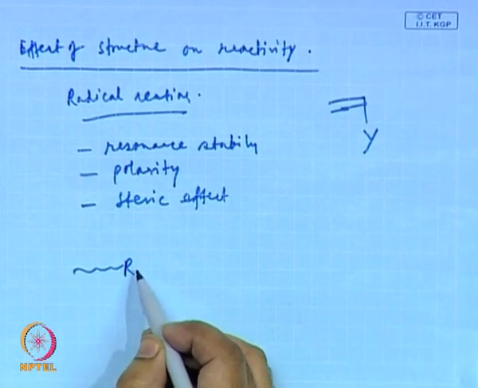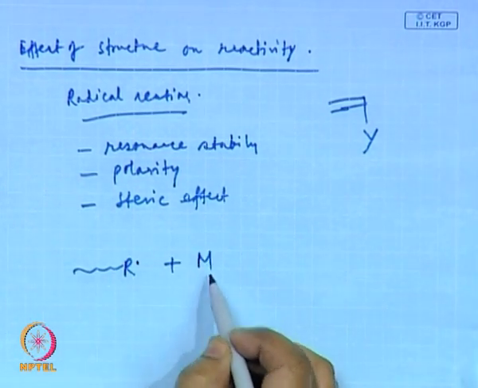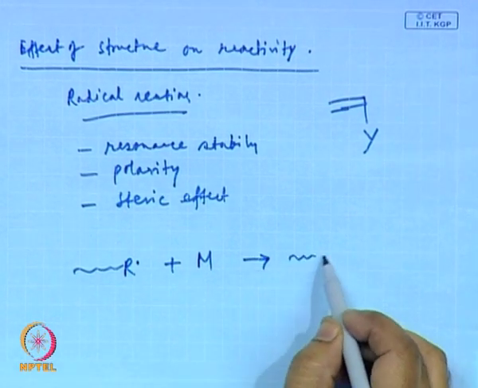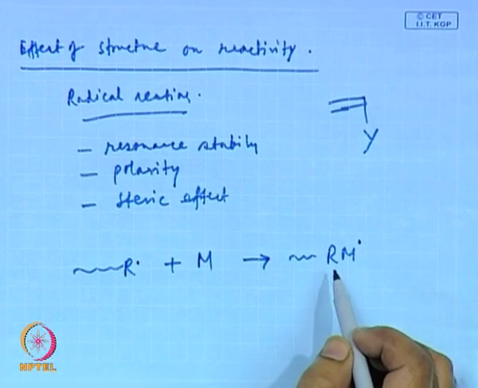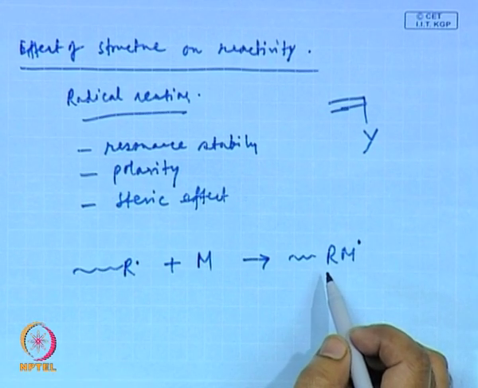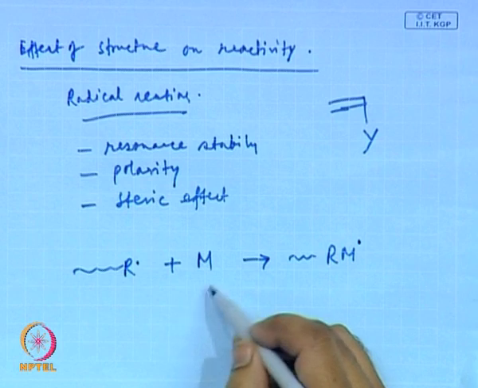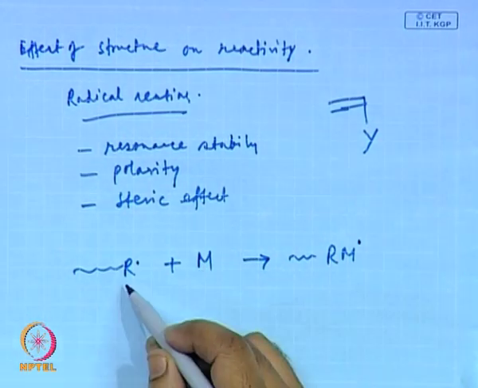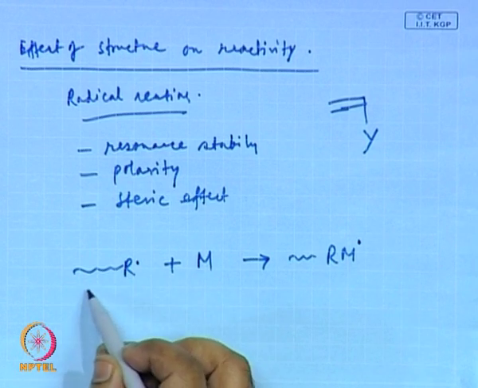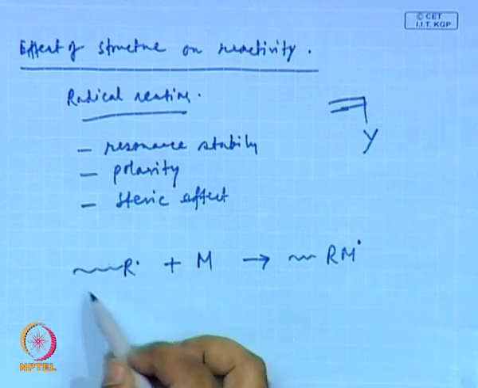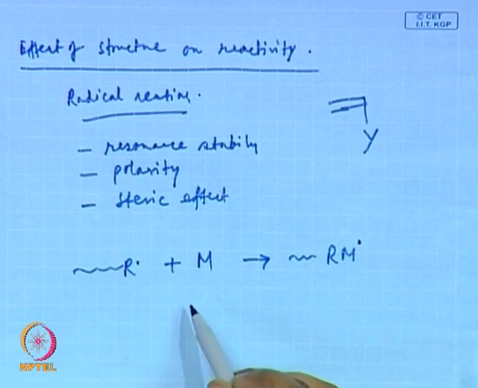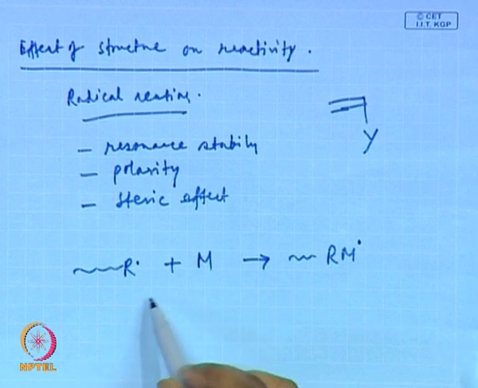Now, what is the reaction in copolymerization, or in a radical reaction? You have a radical that is reacting with a monomer to form another radical. If you want to compare the reactivity of different monomers to a particular radical, let us fix this polymer radical, this propagating radical, and then compare different monomers.